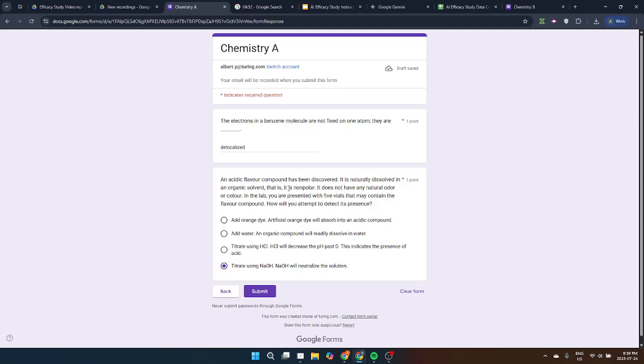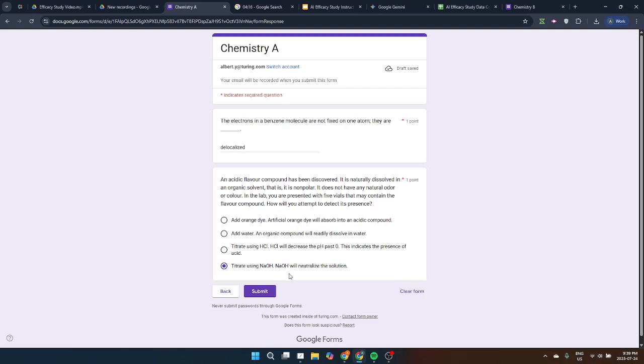I don't think the dye will help either, but just because we're given the pH being acidic, I guess titrating with NaOH will help, because it's just going to change the pKa, titration curve, whatever it is.